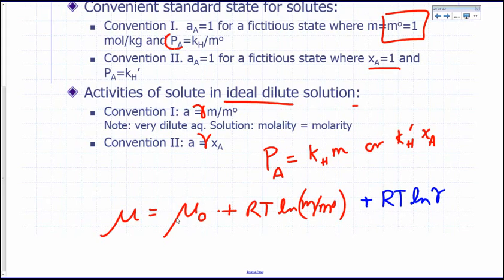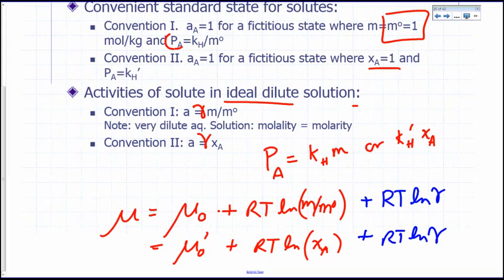You can also say chemical potential is mu naught prime plus RT ln X_A, and the correction term there is also RT ln gamma. In either case, if you are deviating from ideal behavior, you get the same value for gamma.